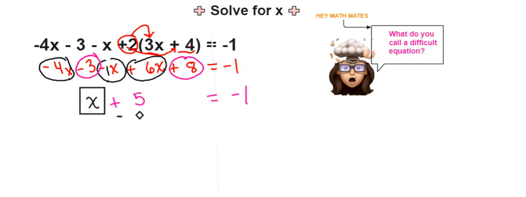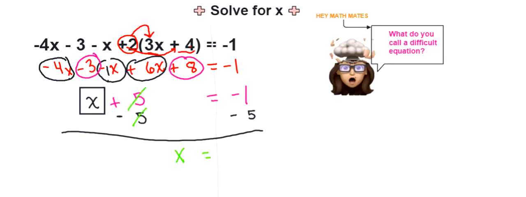Whatever we do to one side of the equation, we have to do to the other. And when I do this, what happens to the 5s? They cancel. And I'm left with x on the left side equals 1 negative and 5 negatives make 6 negatives. And that's my answer.